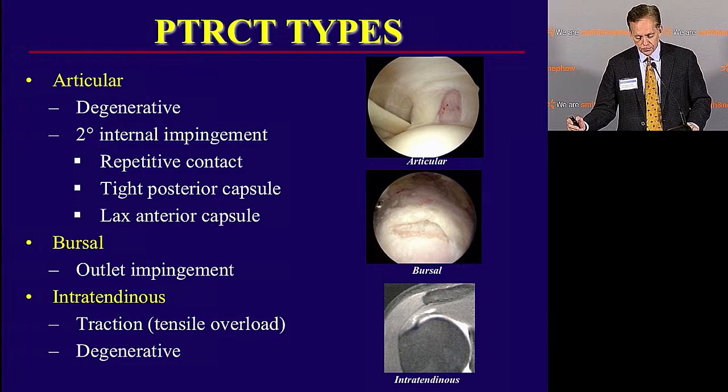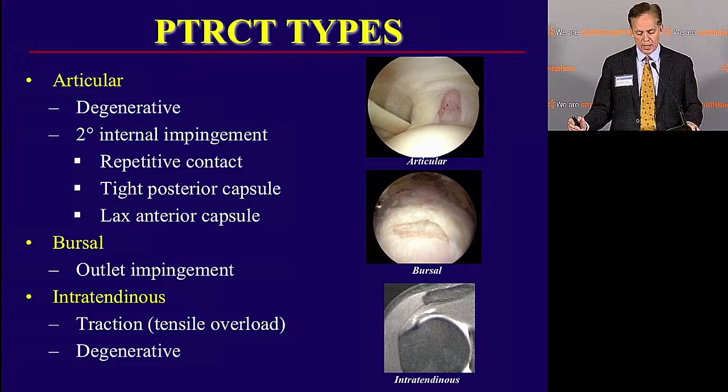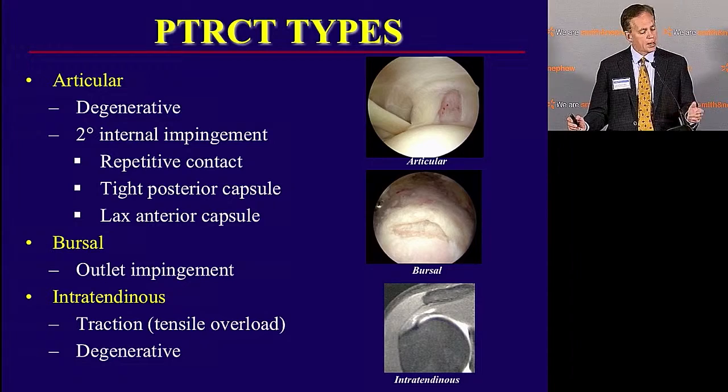It's generally thought that articular tears are degenerative in nature. There are articular-sided tears which are secondary to internal impingement, this overhead athlete repetitive contact injury that we're not going to spend a lot of time on, but suffice it to say that they're not uncommon in that patient population. Bursal tears are generally attributed to an outlet impingement, and then you've got intratendinous tears that are due to traction, tensile overload, but also degenerative causes as well.